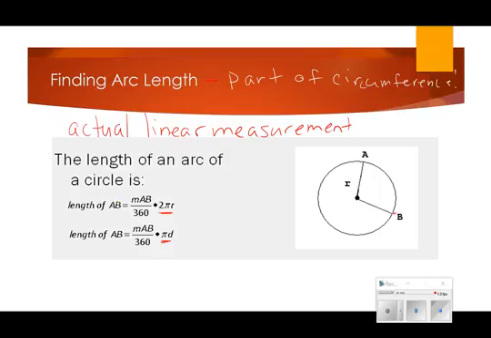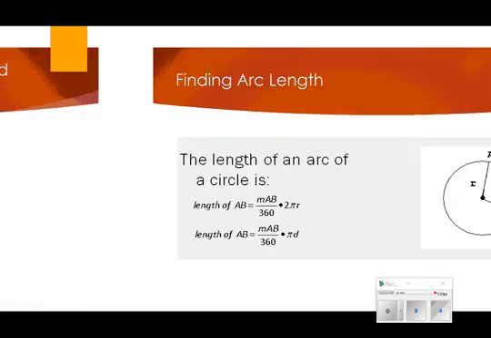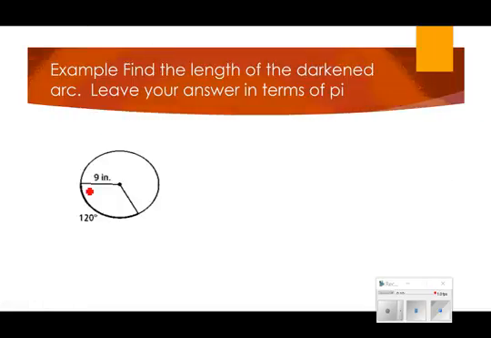The measure of arc AB over 360 is just the part of the circle that we're going over. So, for example, and this is supposed to be the darkened part of the circle, this is what we're trying to find. We know it's 120 degrees, but we want to know what its actual length is if the radius is 9.